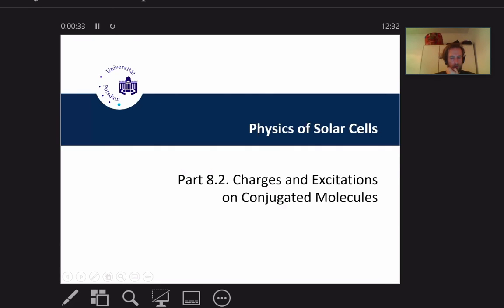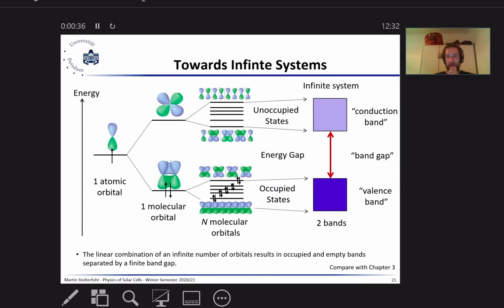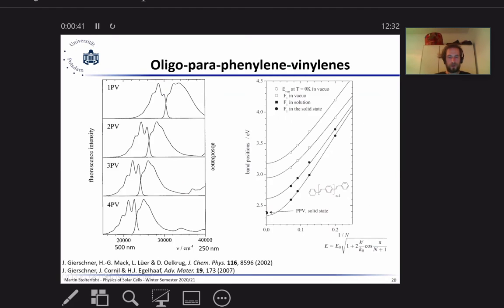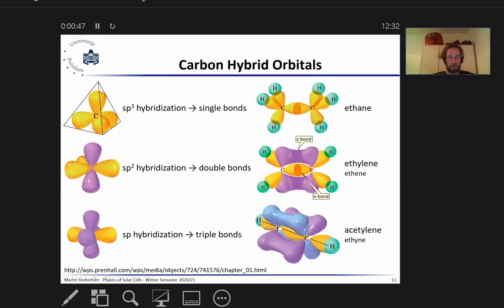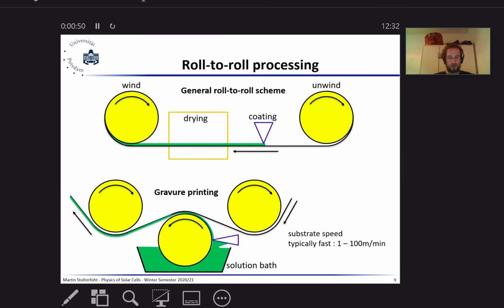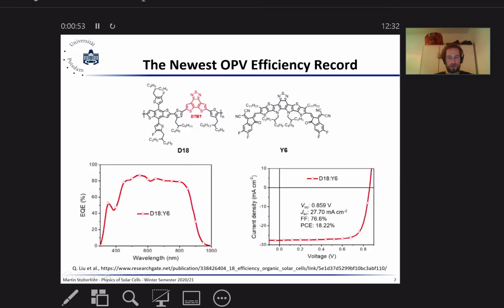Sometimes they are ambipolar as well, but usually they conduct either holes or electrons really well, and the other one not. I'm trying to find an image if you see any differences. It's a good question. I cannot really answer it, but I will write an email or put the answer on Moodle.